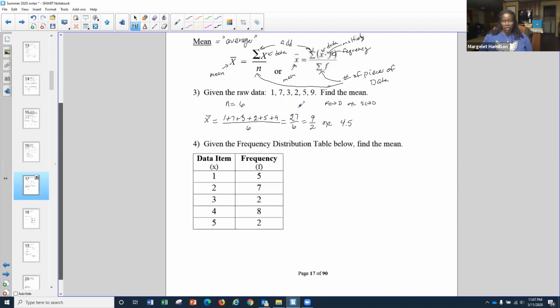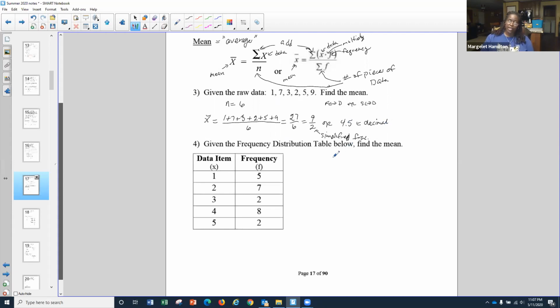All right, so this is your simplified fraction. This is your decimal. We know this, but I'm just writing it just in case. Why is it important?